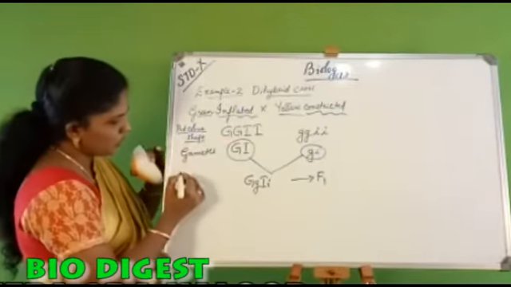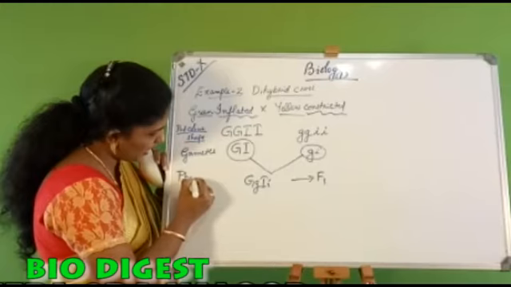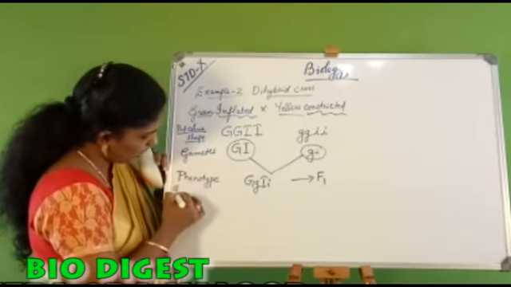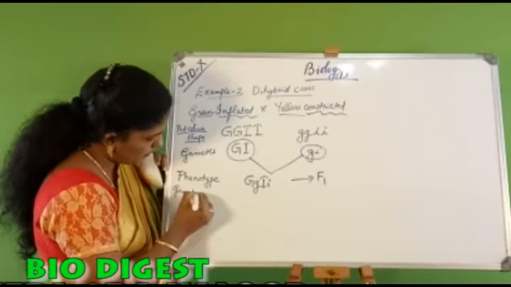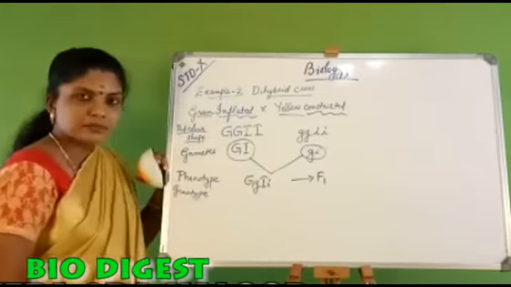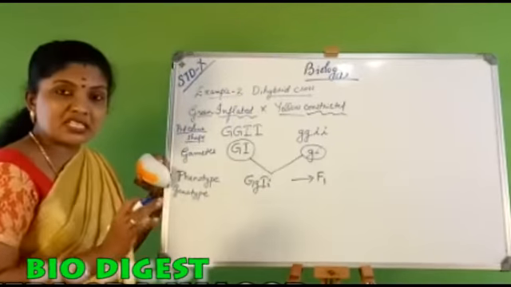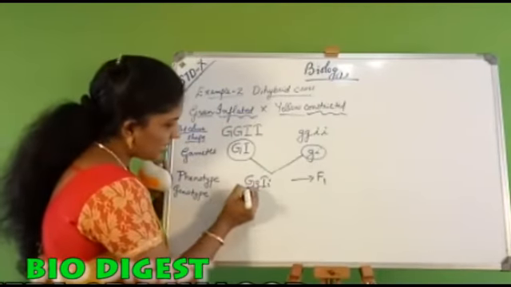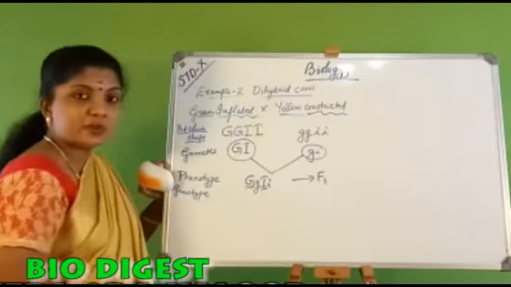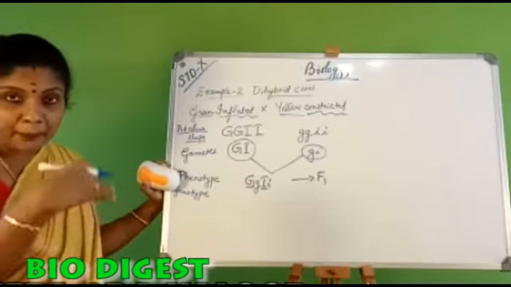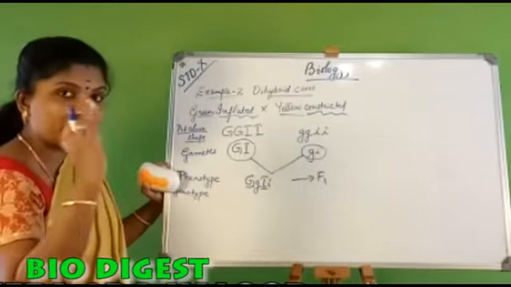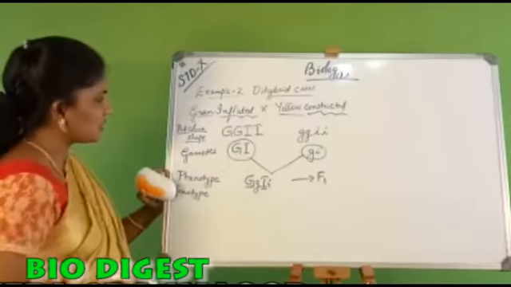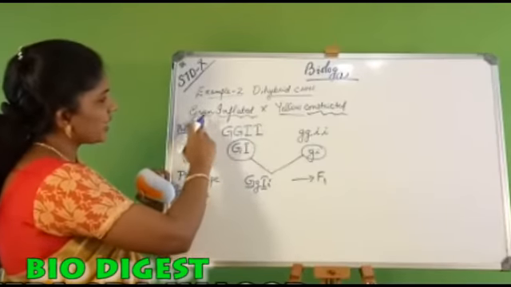Okay. Now going to the next, the phenotype and genotype. What are the phenotype and genotype? Phenotype, I told you, it is the appearance of the plant. Here capital G and capital I is present. If capital letters are there, what will be the appearance? Concentrate on the capital letters' character. What is this character?